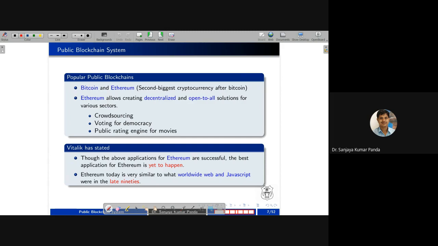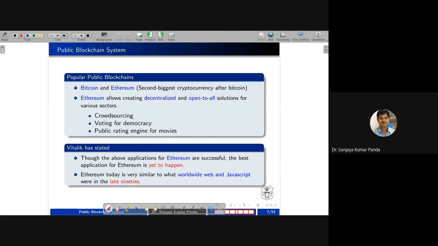Vitalik Buterin started it and coined this word Ethereum, right? He mentioned that it is decentralized and open to all solutions, meaning anybody can participate. That's why it is called a public blockchain system.